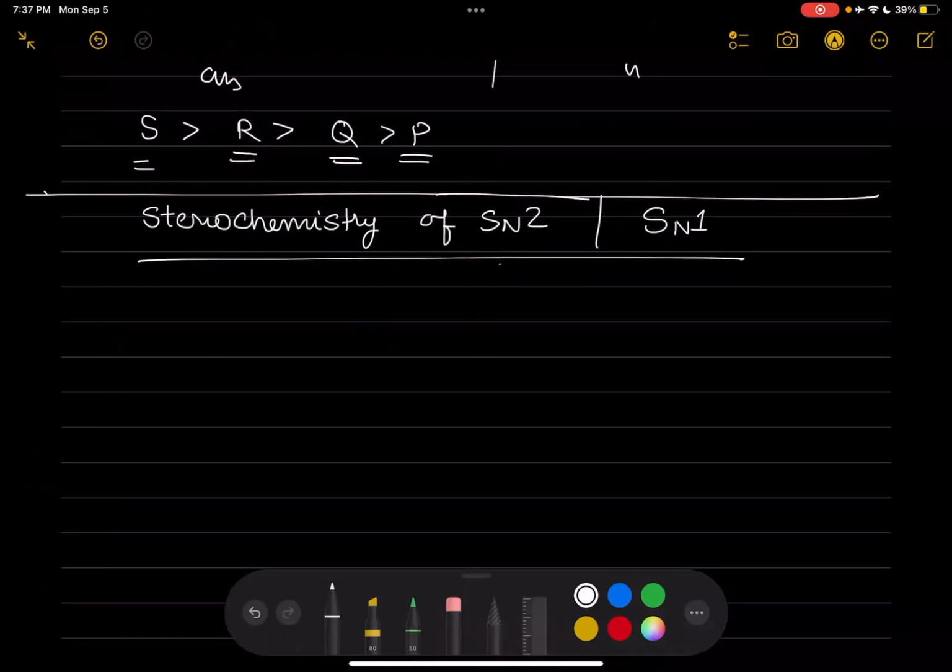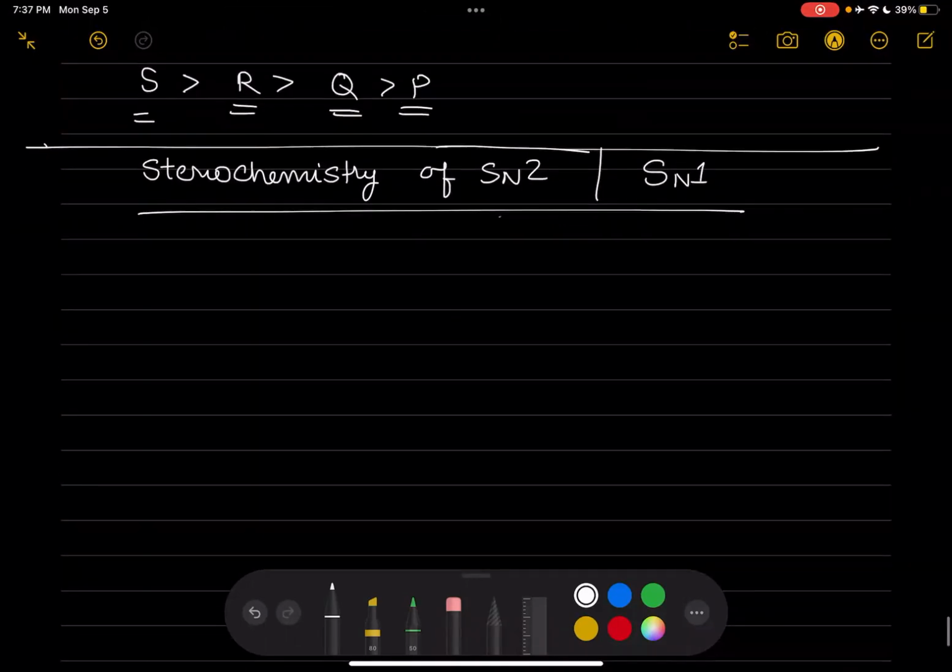So stereochemical aspect of SN2 and SN1 means what happens to the structure where the leaving group gets attached. If you try to look at the bonds, now you need to understand the details.